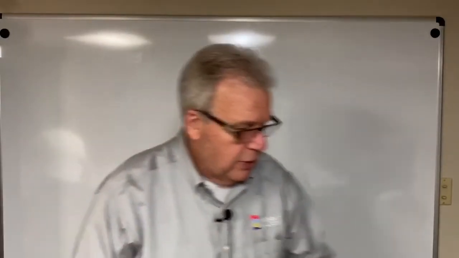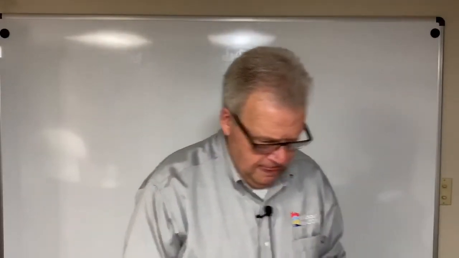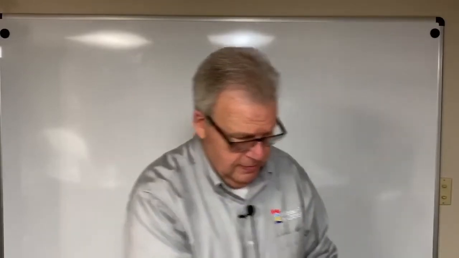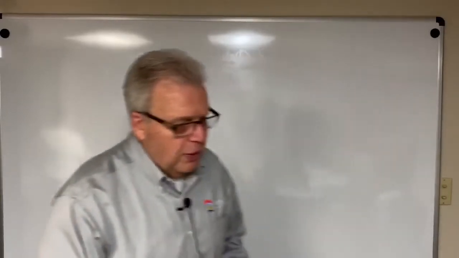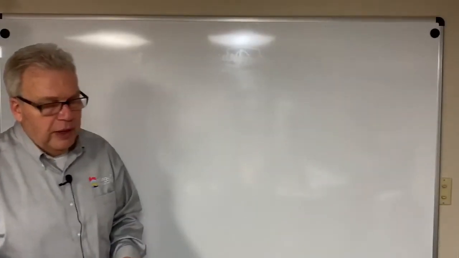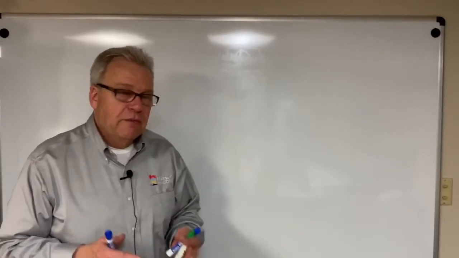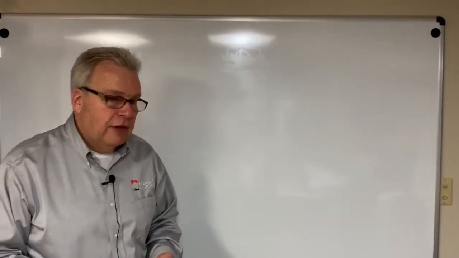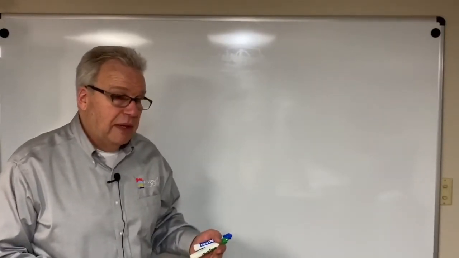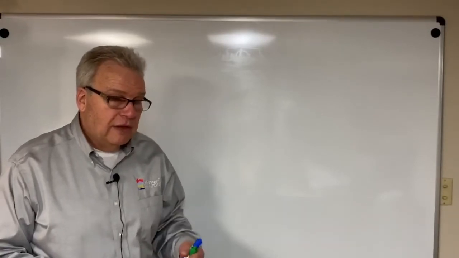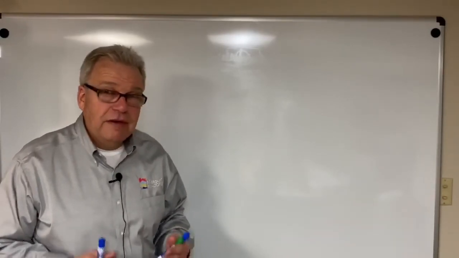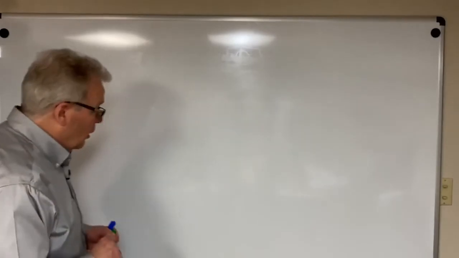Let's do a couple more here. This is an interesting one. What is the interest rate on a mortgage if the mortgagor makes quarterly interest payments of $1,500 on a $75,000 loan?